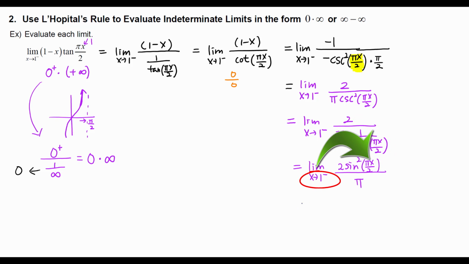Now I'm going to plug 1 for x. And you get 2 sine squared pi over 2 over pi. And sine of pi over 2 is 1. 1 squared is 1. So I get 2 over pi.